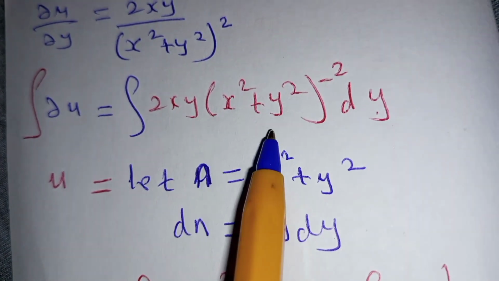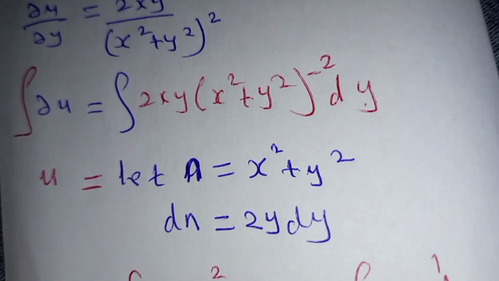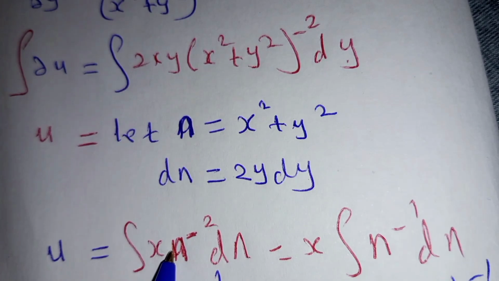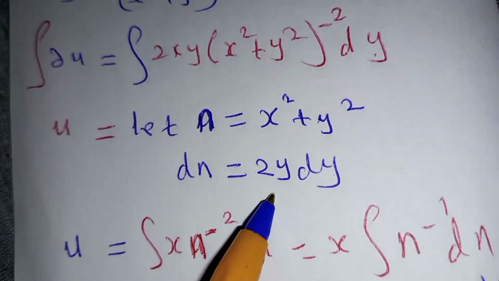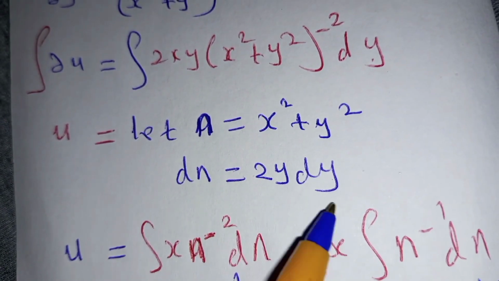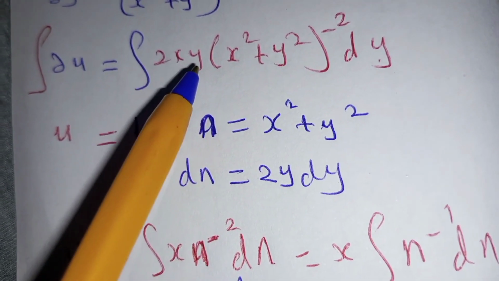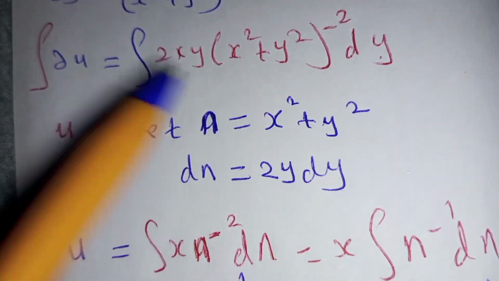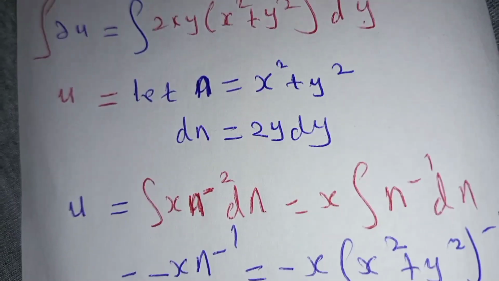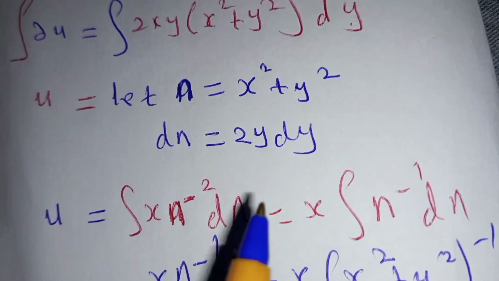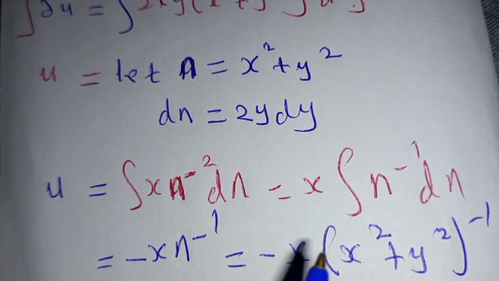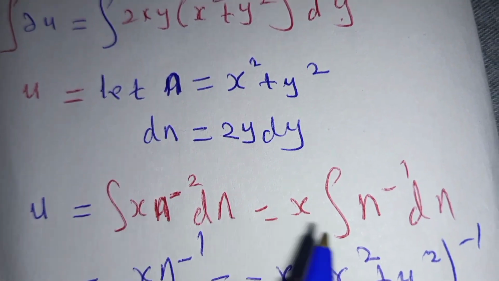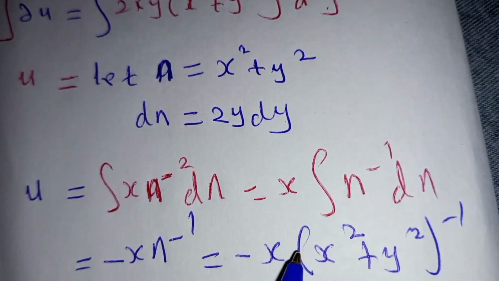So instead of x squared plus y squared, we substitute with n power negative 2, and instead of 2y dy, we substitute with dn. Now, x can be taken outside the integral sign, because it is constant.